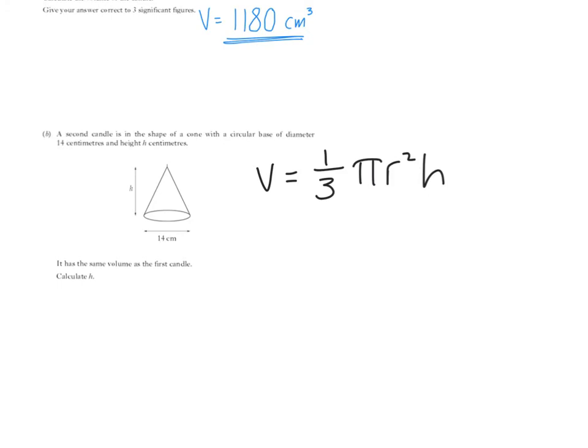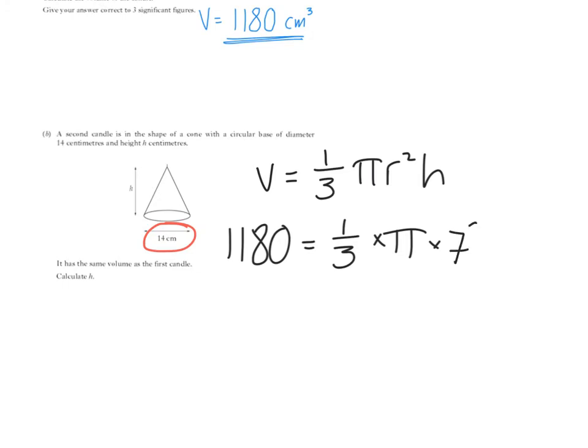So we substitute these values in. 1180 equals 1/3 times pi times the radius squared. The diameter of the cone base is 14 centimetres, so the radius is 7. So that's 7 squared, multiplied by h, the unknown height.